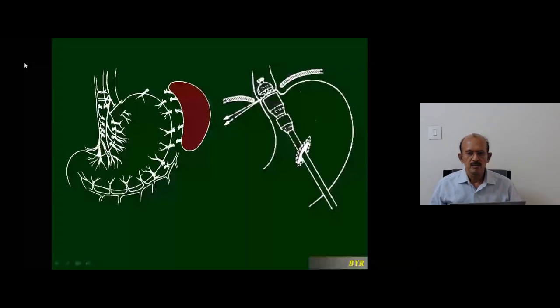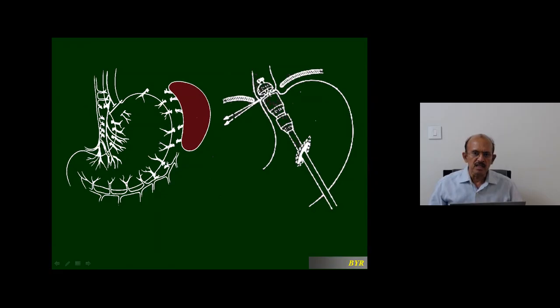Yes, we anastomose, we do the resection. The stapler means actually what we do is, stapler anastomosis means the stapler is passed through the anterior wall of the stomach.